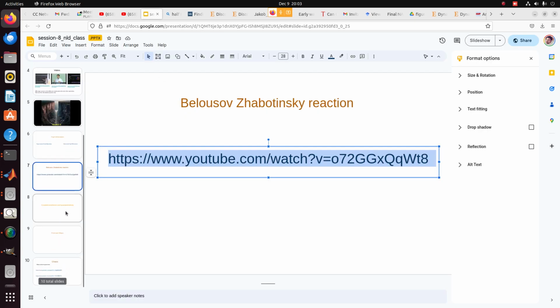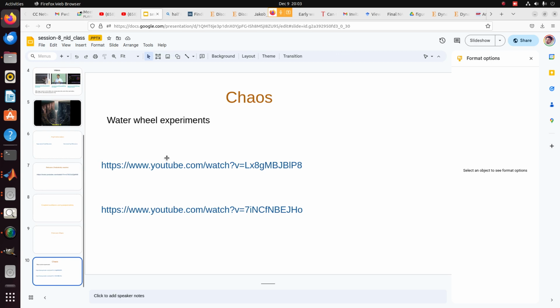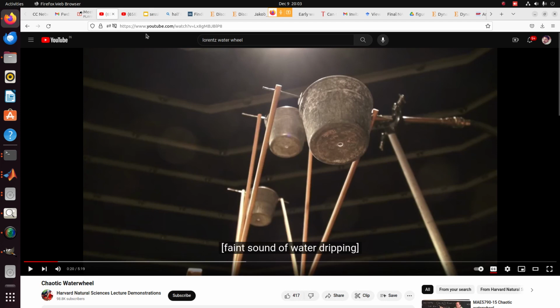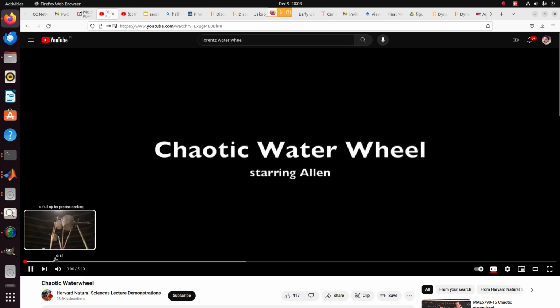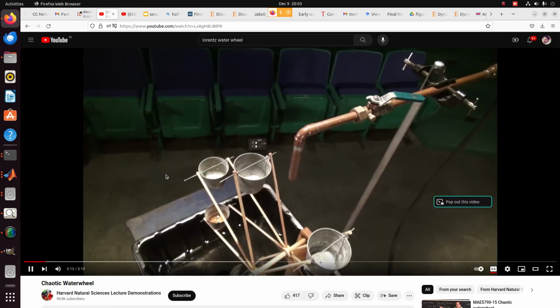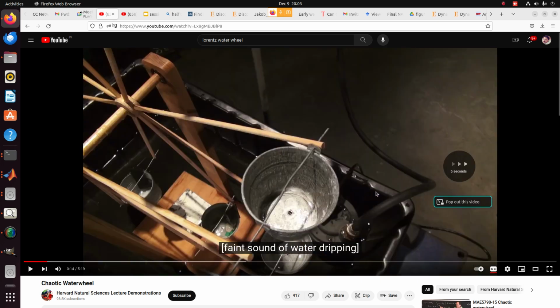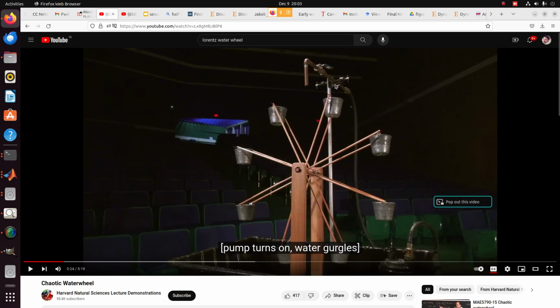Yeah. So the first video we will see is a simple video. This is the water wheel experiment, and this is the experimental setup. You have different buckets kept at the different arms of the wheel, and he shows that there is a small hole at the bottom of each bucket, and they have a pump mechanism for sending water from the top.